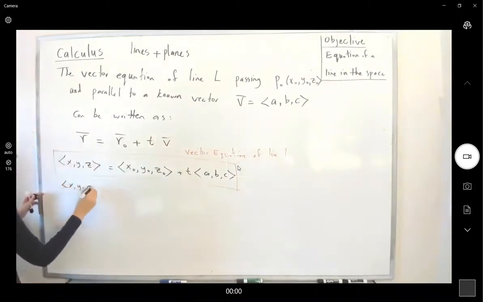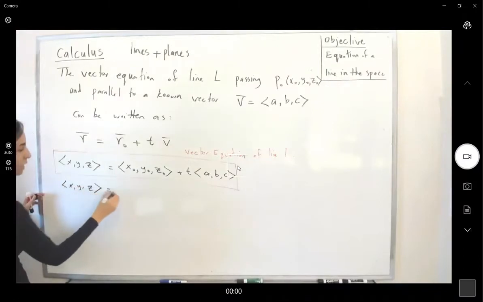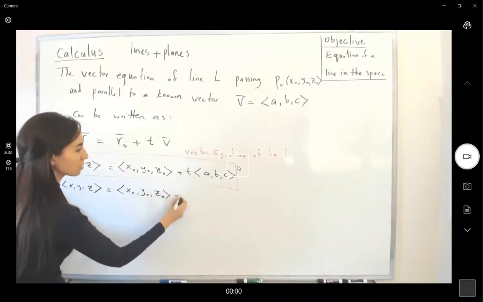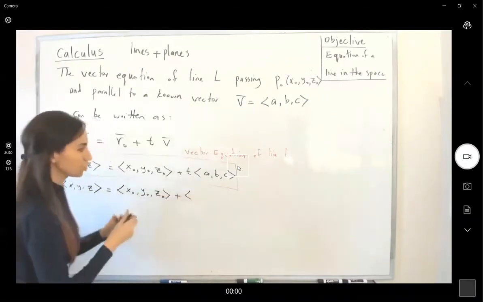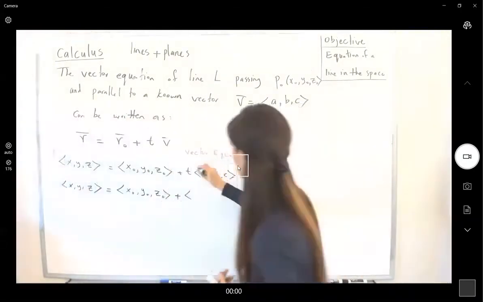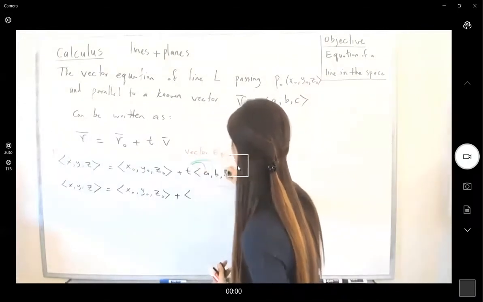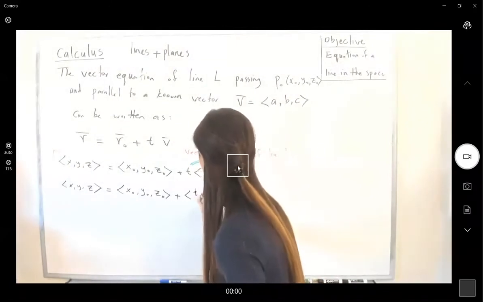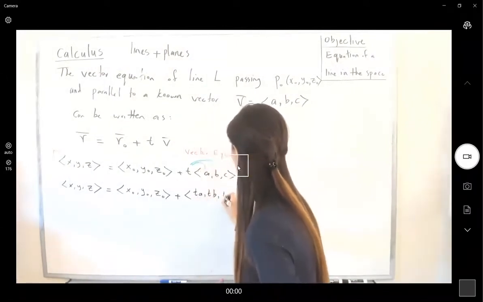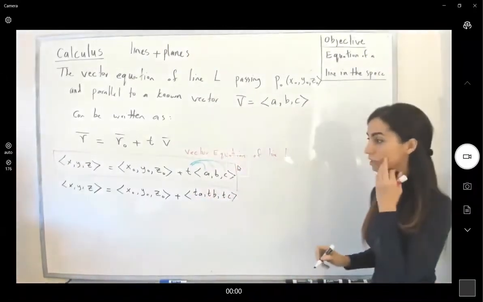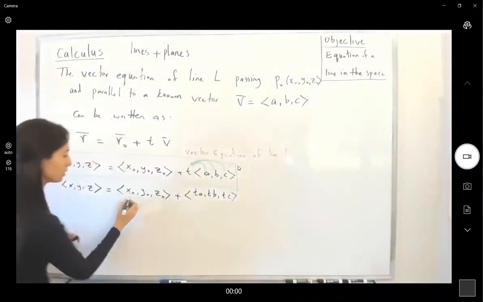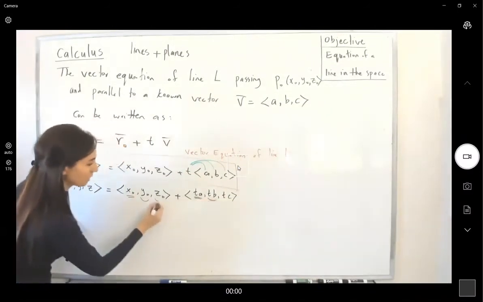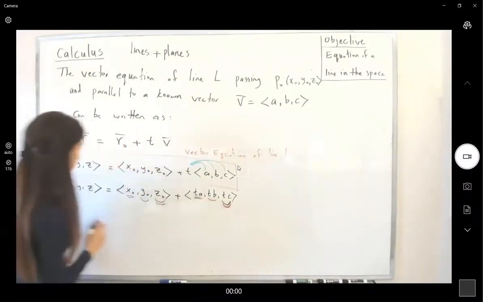X, comma Y, comma Z can be written as X sub 0, Y sub 0, Z sub 0 plus just distributing T, multiplying that by the rest of the components, TA, TB, and TC. Now, I'm going to add the first components, the second components, and the third components.